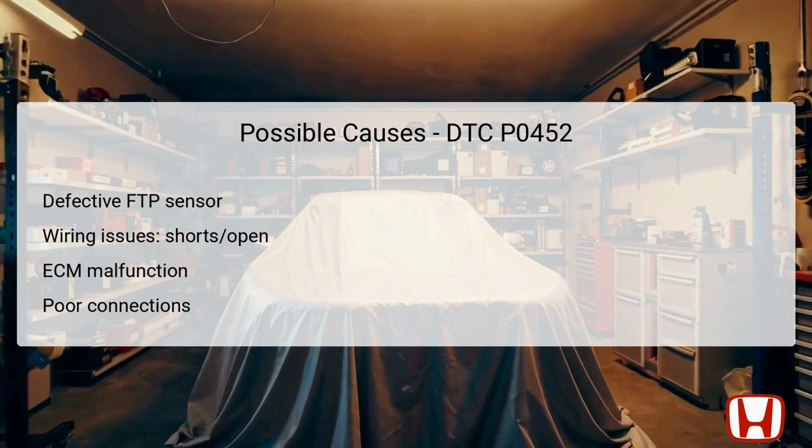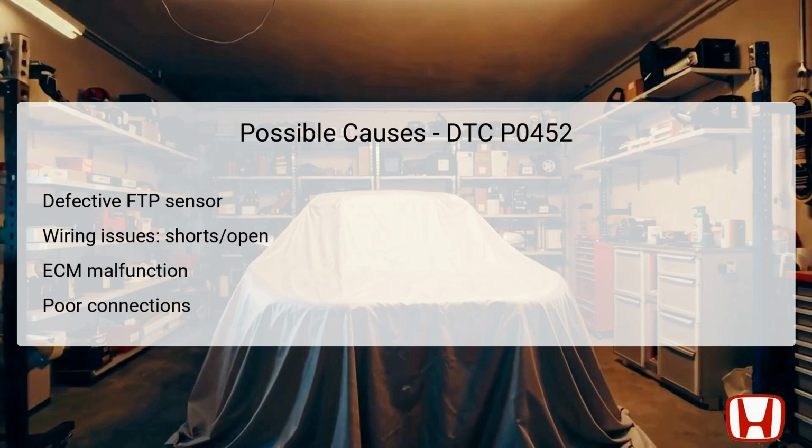Several potential causes can lead to the P0452 error code. Firstly, a defective FTP sensor can produce incorrect signals to the ECM, causing low voltage readings. Additionally, wiring issues such as short circuits or open circuits can interrupt the signal flow between the FTP sensor and the ECM.